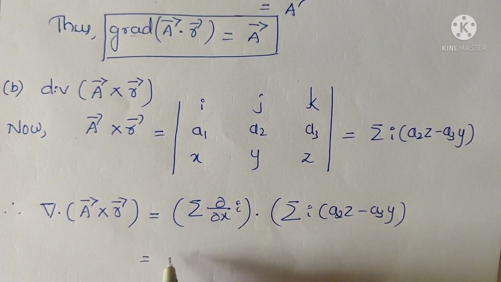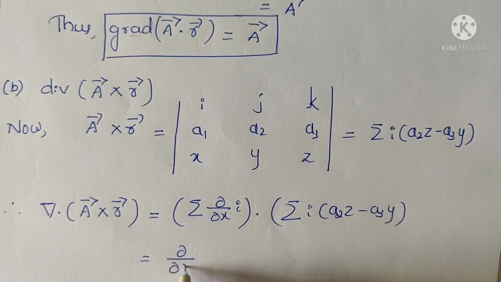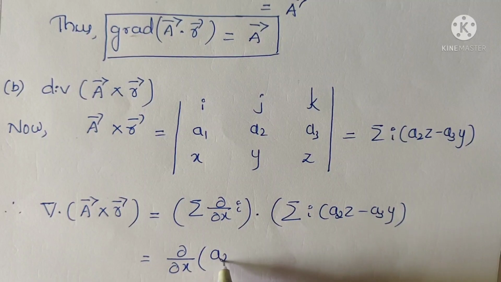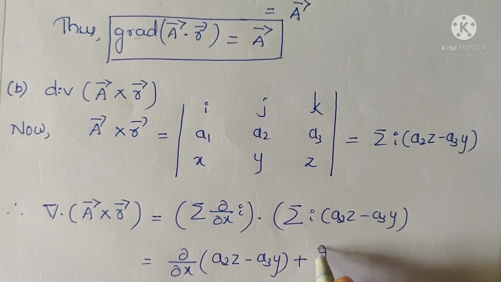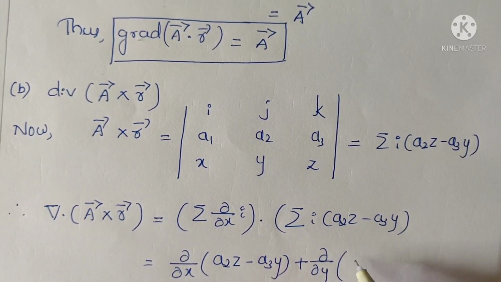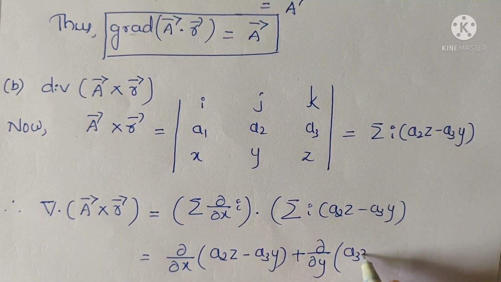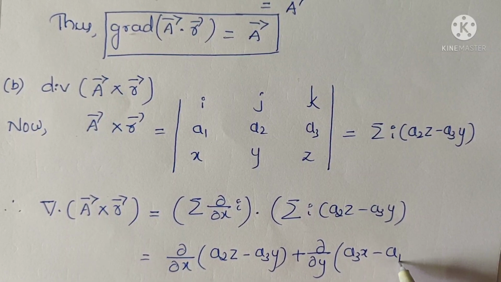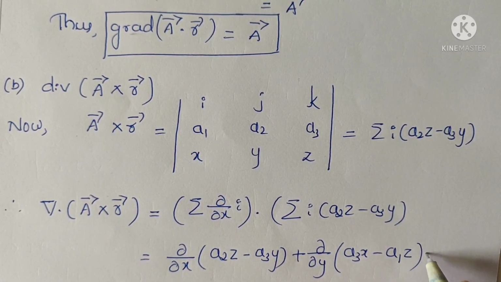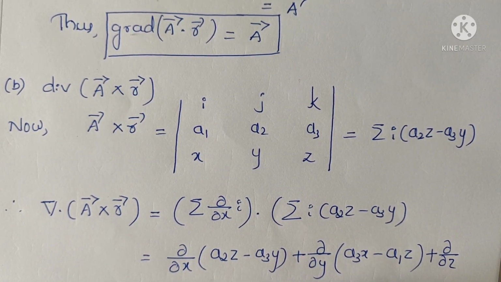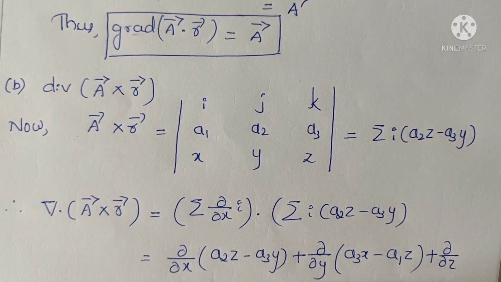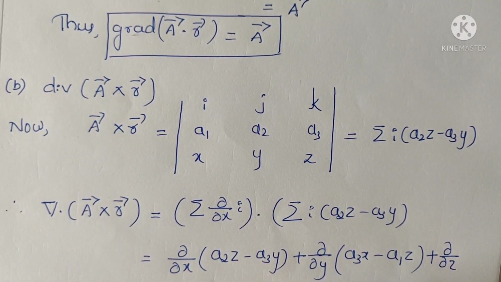So now what is the dot product implies now? Dou by dou x of (A2 Z minus A3 Y) plus dou by dou y of (A3 x minus A1 Z) plus dou by dou z of (A1 y minus A2 x).